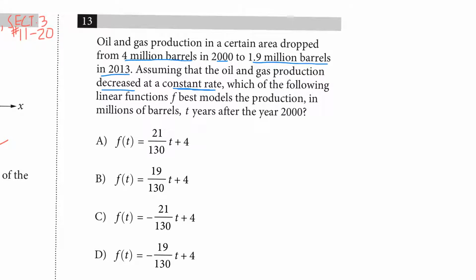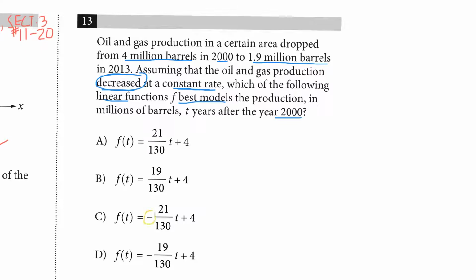Which of the following linear functions f best models the production of barrels in millions of barrels t years after the year 2000? Okay, so if we have a decrease, the slope here would be negative, and so I'm looking for a negative slope.